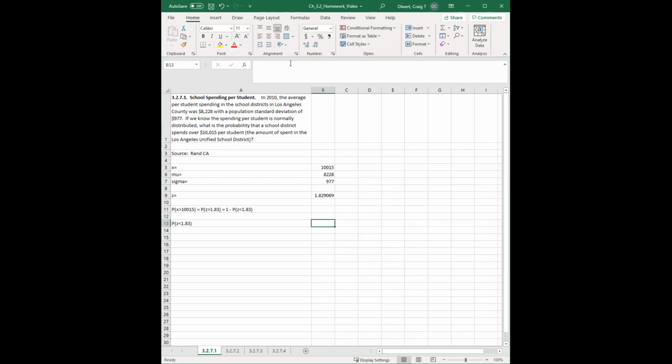So put equals NORM.S.DIST, open parenthesis, type in 1.83, comma, true. The 1.83 is our z-score, and the true means we want the area to the left of that score. False means that we want the y value of the curve at that z-score. I don't think you will ever use it. This gives us an answer that rounds to the fourth digit for the value we have in the table, 0.9664.